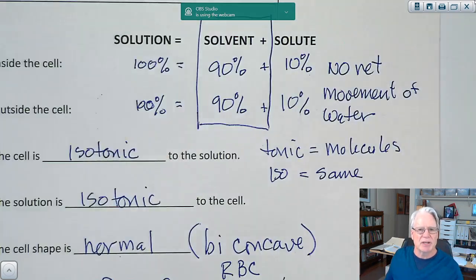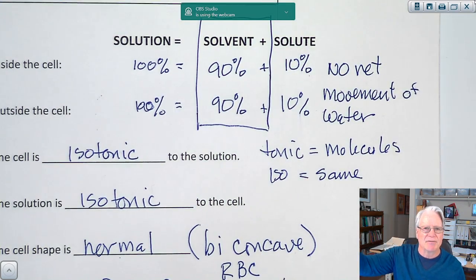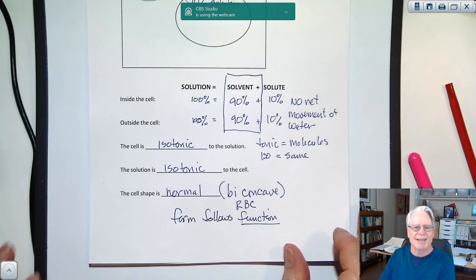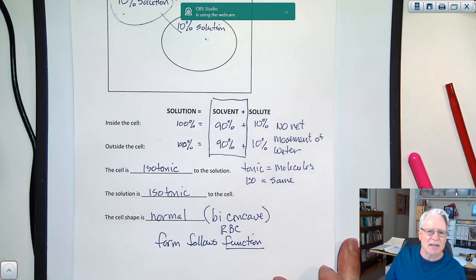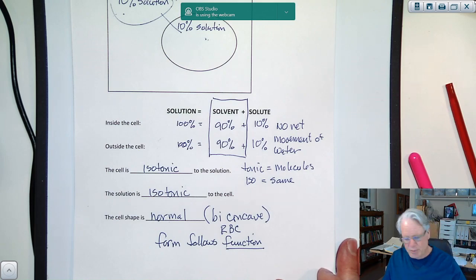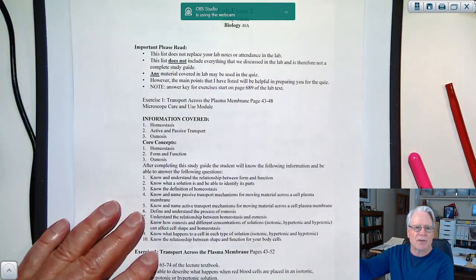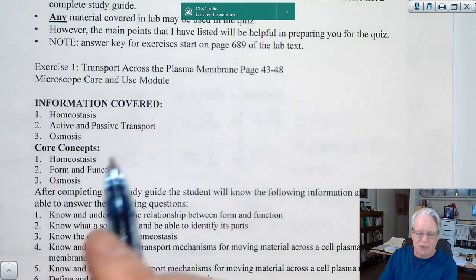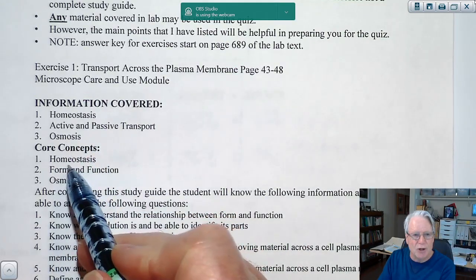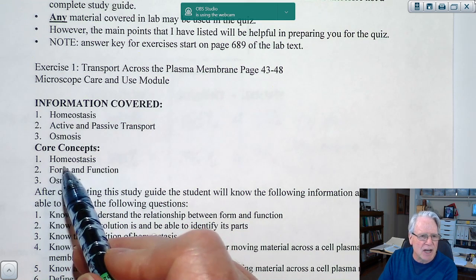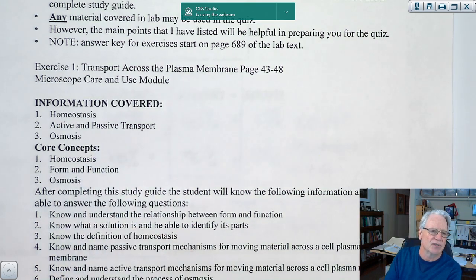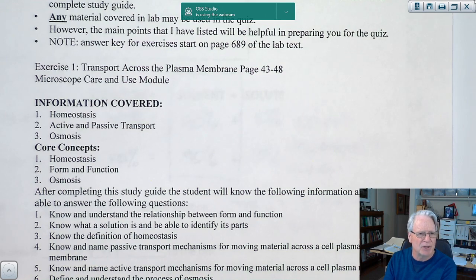We've just demonstrated that in order to keep the function of this cell, we have to place it in an isotonic solution. If that cell is in its normal shape, it has its normal function, and we can maintain homeostasis. So the form of cells is directly related to homeostasis because in their proper form, they can do their job and help you to maintain homeostasis. And that's how these concepts are connected.